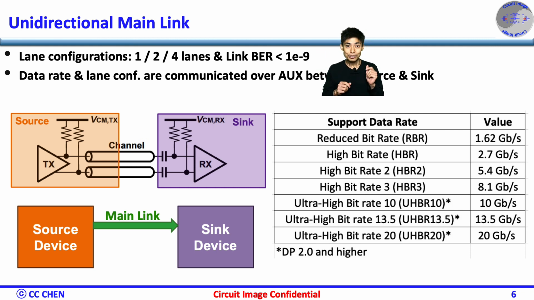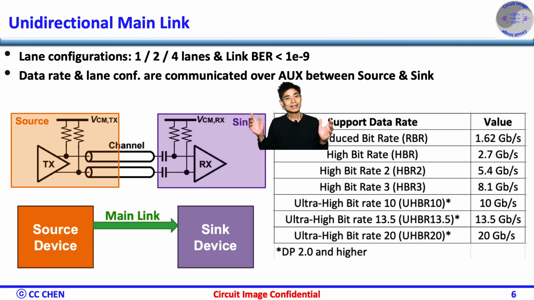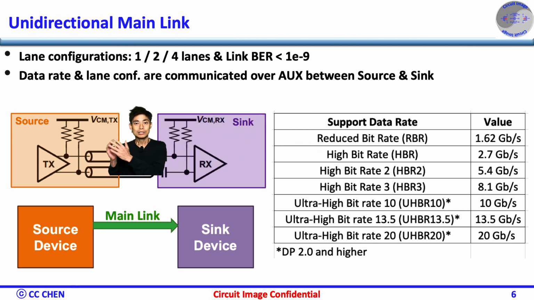Third, the unidirectional main link should support 1, 2, or 4 lane configuration along with the chosen line rate for different throughput or bandwidth needed. Lastly, both the line rate and number of lanes configuration should be communicated over the aux between the source and sink devices.